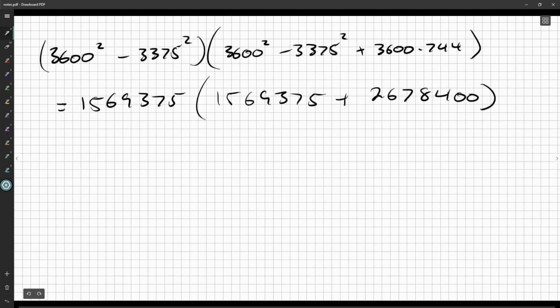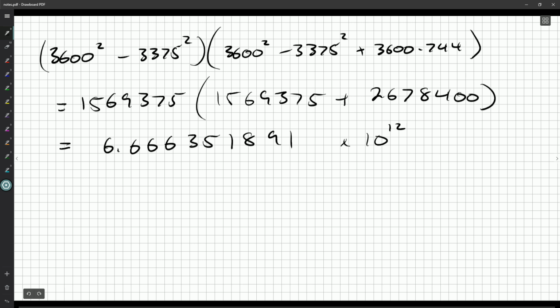2678400. So I'll add on the 1569375, multiply it by 1569375, which is something my calculator sadly will not display properly. But it should end in a couple of zeros here.